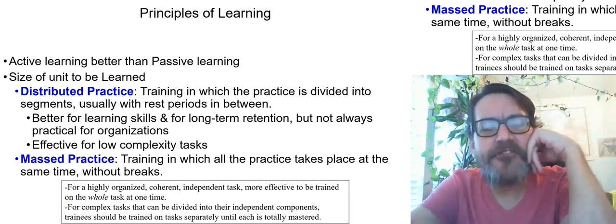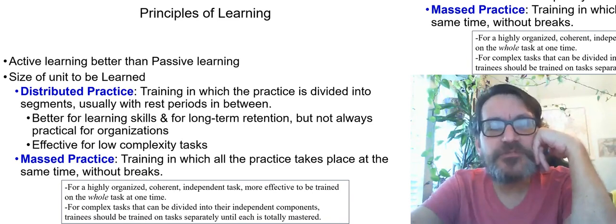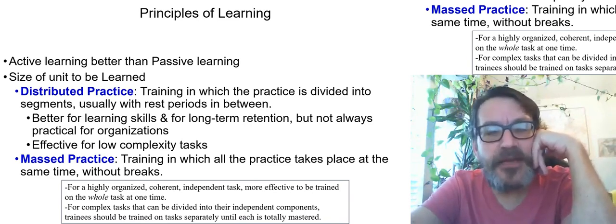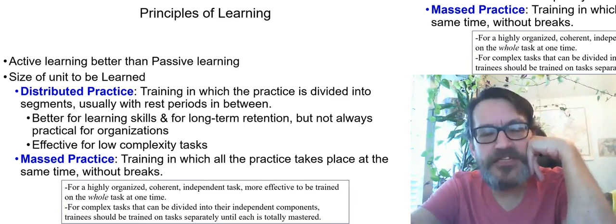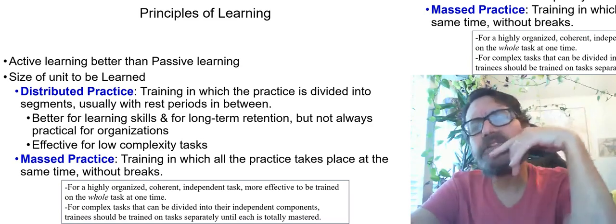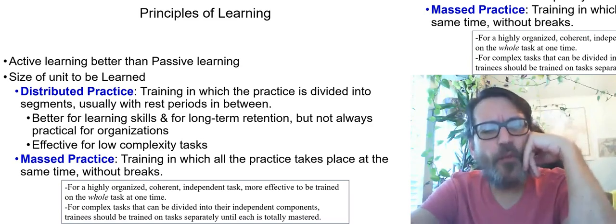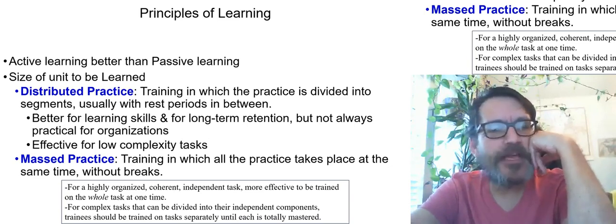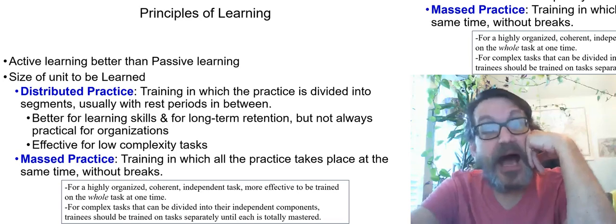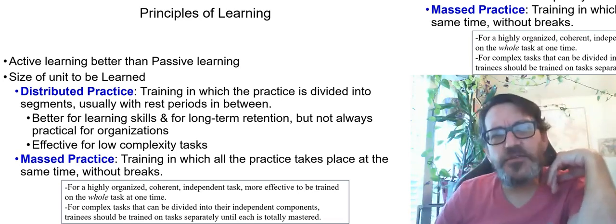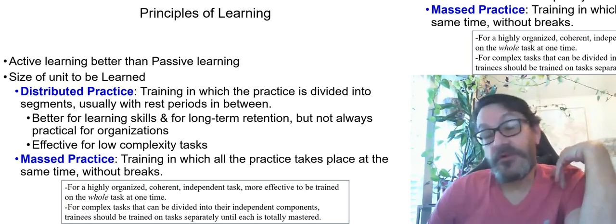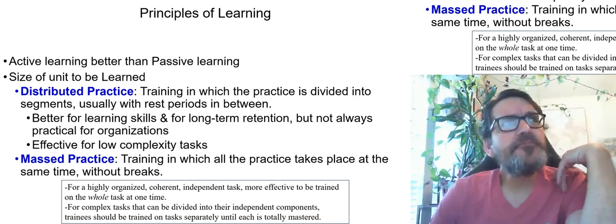So with distributed practice, let's say you have 5 hours of training, but it is spread in 10 30-minute blocks. The outcomes of 10 30-minute blocks are completely different than if somebody sat down for 5 hours and did all of it. So clearly you need to consider not just how much training, how many hours, what's the topic, but how do you present it? It depends on what kind of task you have. It depends on what you're looking at.